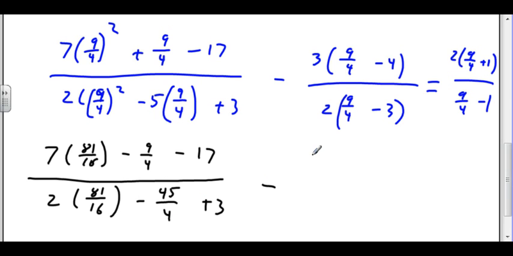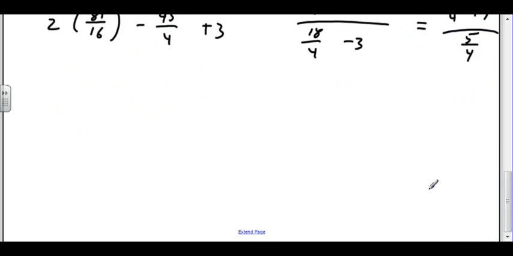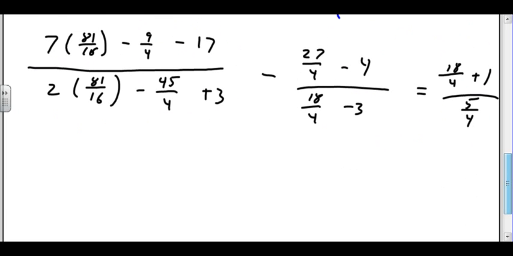I got 27 over 4 minus 4, divided by 18 over 4 minus 3, and 18 over 4 plus 1, 5 over 4. I think breaking out the calculator a long time ago would have been a better idea than what I'm doing.